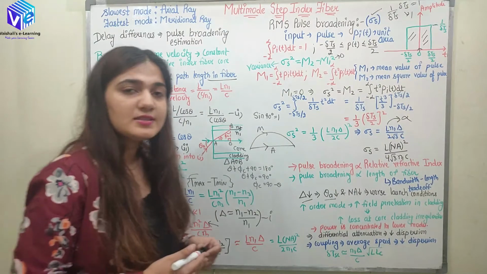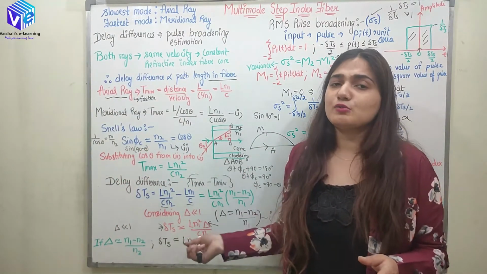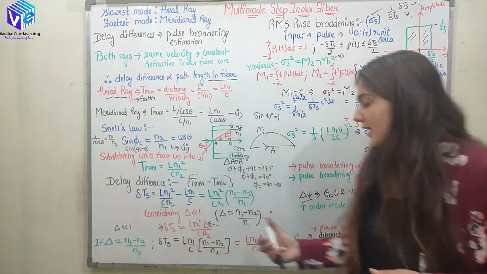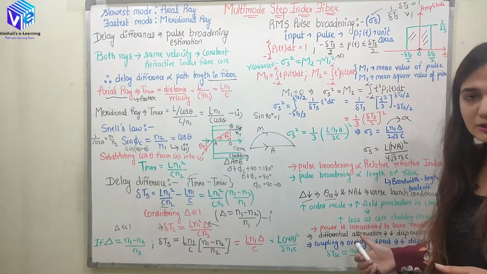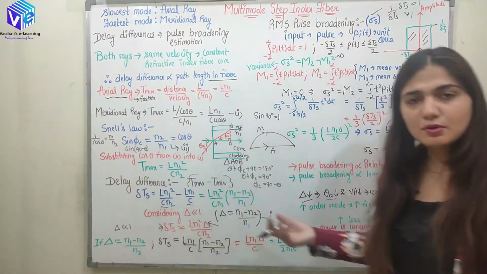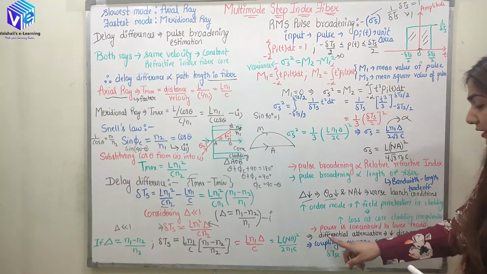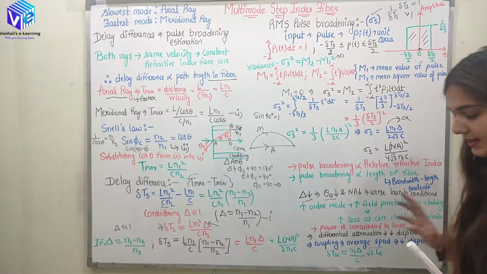That was considering that I have the same power inside the higher order mode as well as the lower order mode. But when I have differential attenuation, where one of them is getting attenuated, I would be having lesser dispersion. So I can say differential attenuation is giving me lesser dispersion.